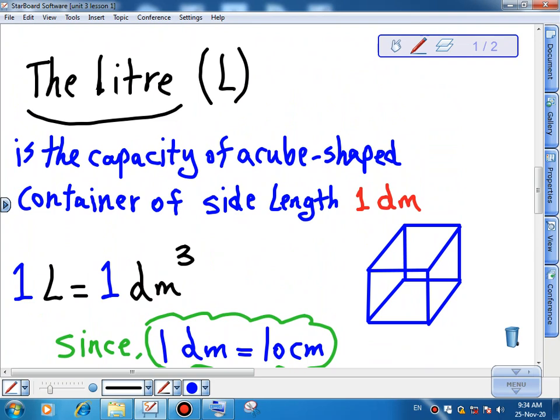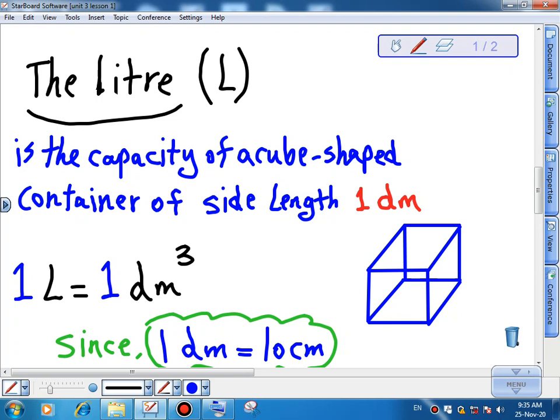What's the meaning of liter? If I have a cube like this, the capacity of this cube is the amount of anything inside this cube. The capacity of anything is the amount of water, juice, or anything inside this shape.